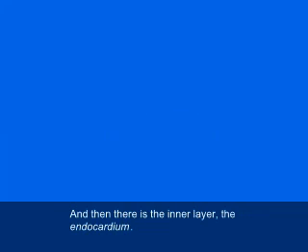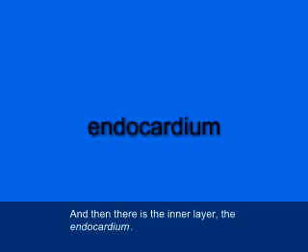And then there's the inner layer, the endocardium, E-N-D-O-C-A-R-D-I-U-M. And again, by looking at the prefix endo, that means inside or within, that tells us what that term means. So here again, you can see how the word parts really help us.